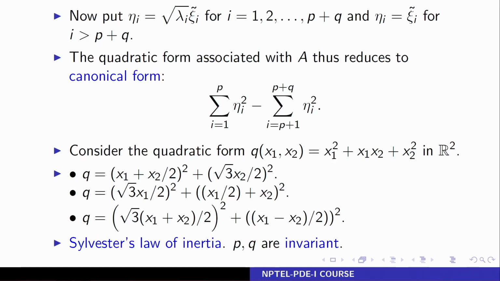Whatever change of variables you use to reduce a given quadratic form to its canonical form, the numbers p and q will not change. That is an important observation, and based on these invariants p and q, we are going to classify the PDE. Now we immediately connect this observation from linear algebra to our PDE.